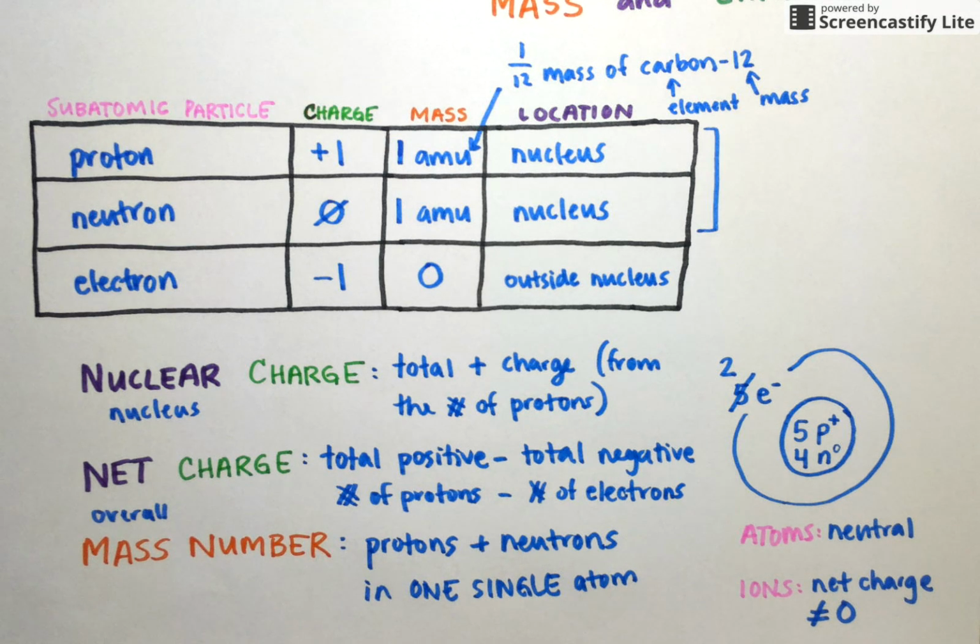Of those two subatomic particles, only protons carry a charge with them. So in the nucleus, there's only one charged particle, and that's the proton. So if I want to know the nuclear charge, what I really want to know is the total positive charge. And that always is going to come from the number of protons.